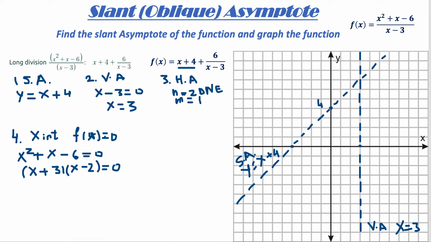If we solve this, then x is going to be equal to minus 3, so the solution is opposite to the factor, and x is equal to 2. So those are the x-intercepts, 2 and minus 3. Minus 3 happens to be here, and 2 is right here.